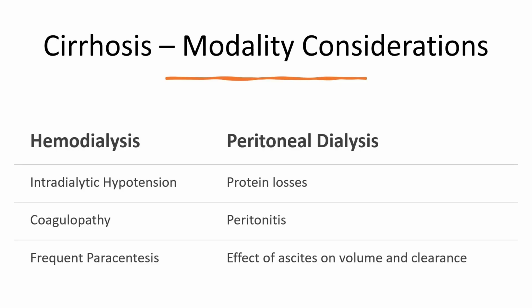So of course, you may be worried about peritonitis increasing, although the literature suggests that that's not a huge concern. And then the effect of the ascites on volume and clearance. So if somebody has ascites, it can be kind of nice to be able to drain it with the dialysate where you're not having to worry about doing paracentesis.